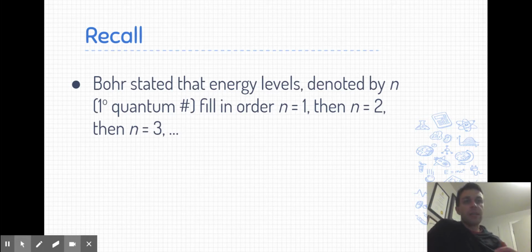So in general, that's true, but it turns out that as we get up to n equals 3, then n equals 4, this doesn't exactly always work. And that's where we have to bring in some sublevels. So recall that at every main energy level, there are a certain number of sublevels in which we find the different orbitals.